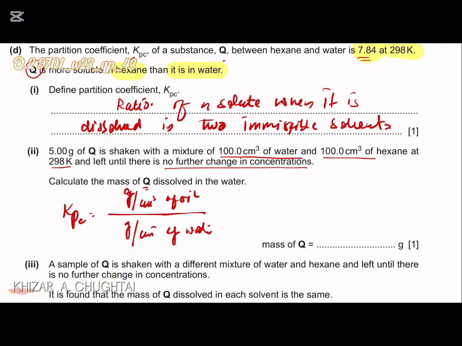and its answer is 7.84. Now let's suppose the total amount of Q is equal to 5 gram. So 5 gram is going to dissolve itself into the 100 centimeter cube of oil.